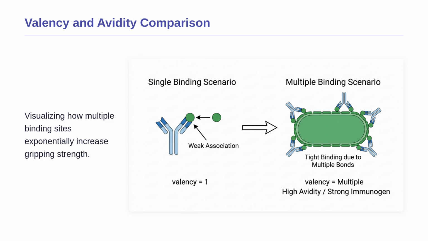Here we see a large bacterial cell. Because it is large and complex, multiple antibodies are binding to it simultaneously. This is a multivalent scenario. The labels clearly show that these multiple bonds create tight binding, resulting in high avidity and a strong immunogen. This perfectly illustrates the math we just calculated.